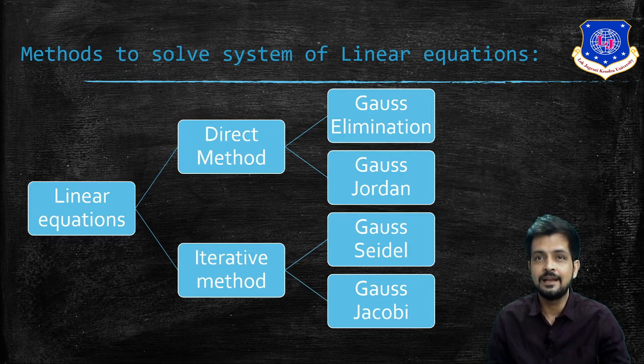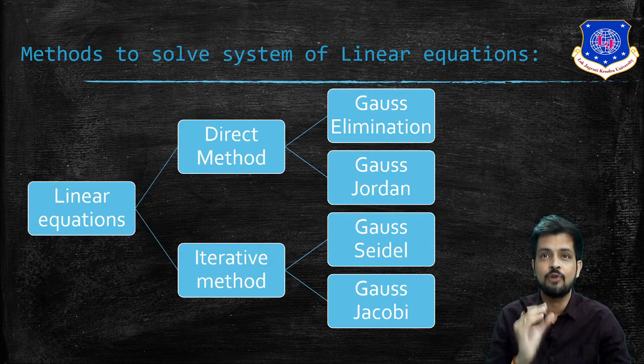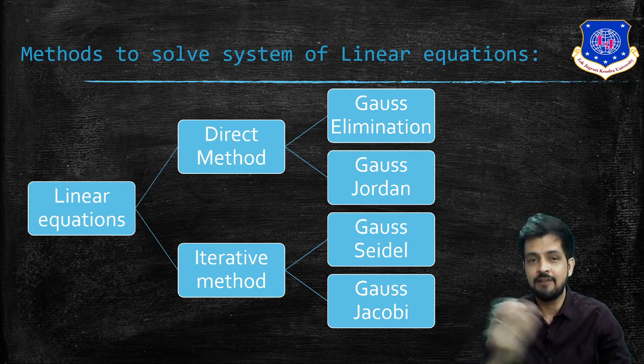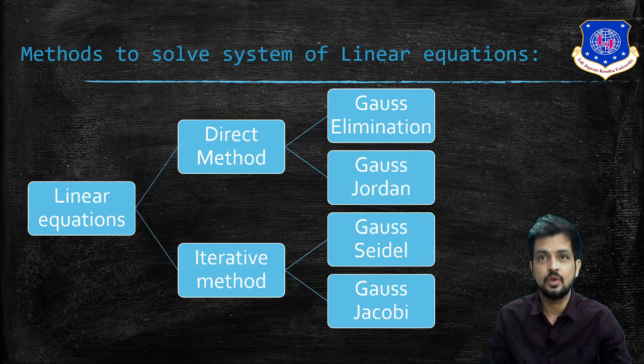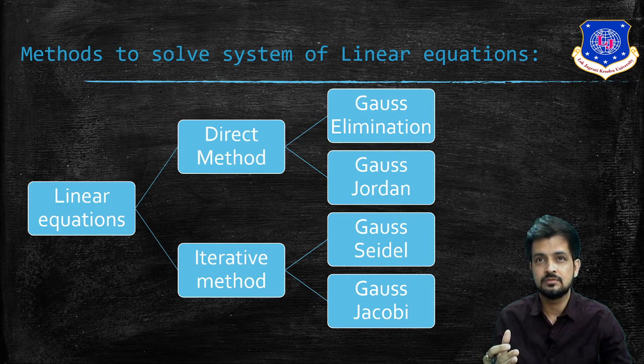While in direct method we are obtaining the solution by following a procedure, we are not doing the steps continuously or repeatedly, while in iterative we are doing the same steps again and again. That is known as iterative; iterative means repetitive.